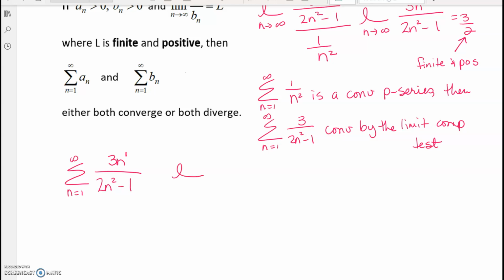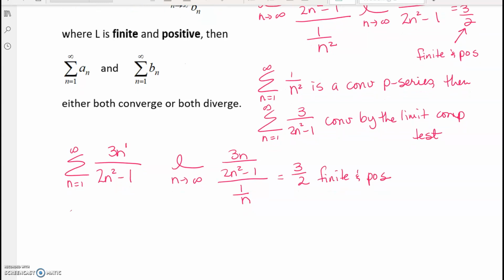So I'm going to take the limit as n goes to infinity of 3n over 2n squared minus 1, and I'm going to compare it to the divergent 1 over n. I'm going to flip it, and I'm going to get that same 3 halves again, which is still finite and positive. And then I'm going to do like I did before. Since the series 1 over n is a divergent p-series, so you're going to be using p-series a lot.